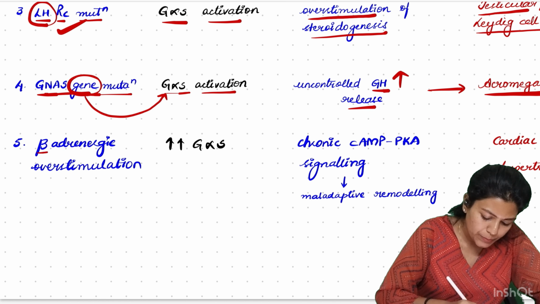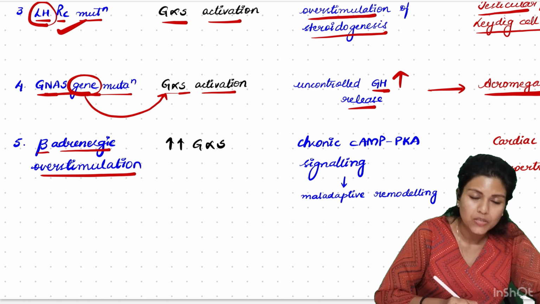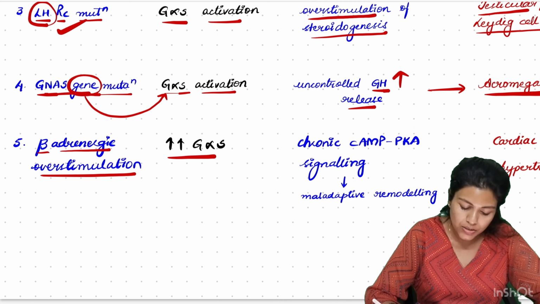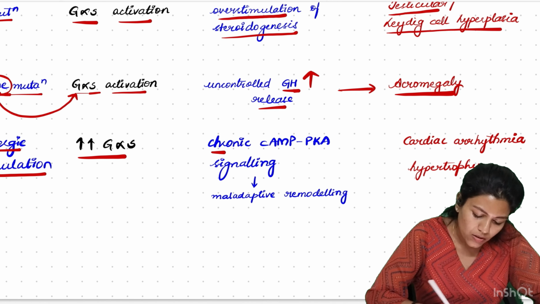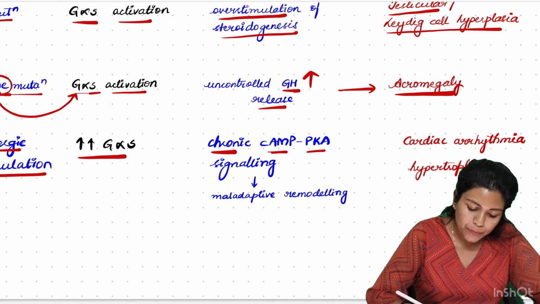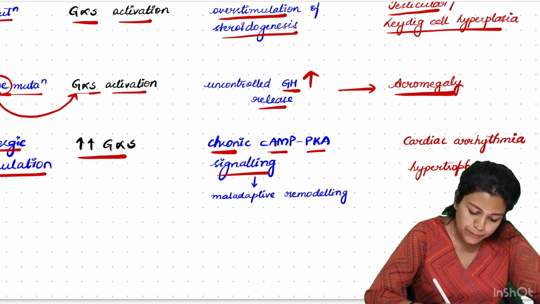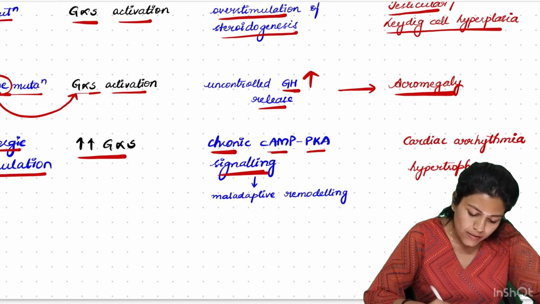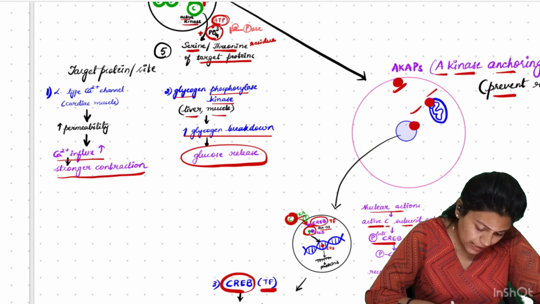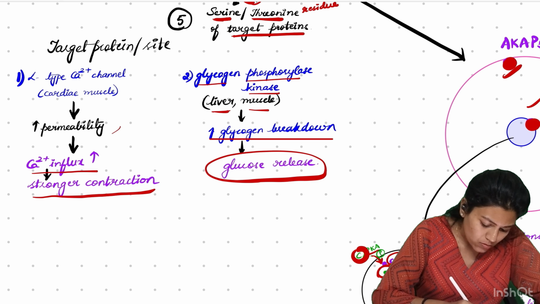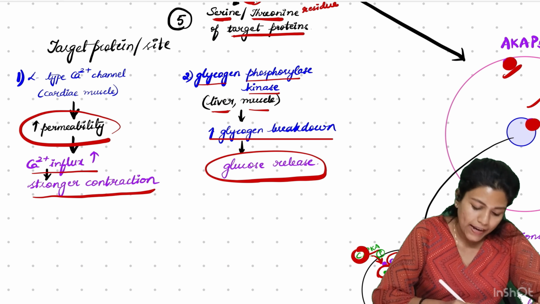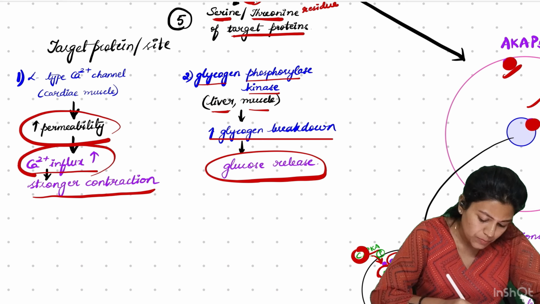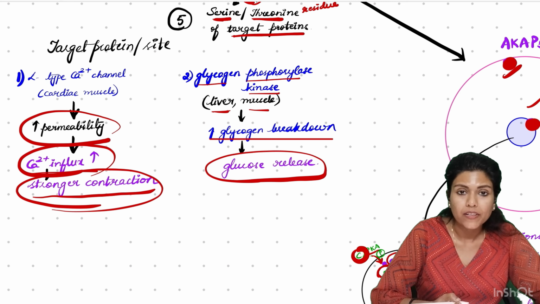Fifth example is beta-adrenergic overstimulation. Beta-adrenergic receptors are overly stimulated, because of which there is increased G-alpha-S stimulation and chronic cyclic AMP, so the PKA signaling pathway is continuously active. This is the example of cardiac muscle. Because of activation of this channel, there is continuous calcium influx, which causes strong contraction.